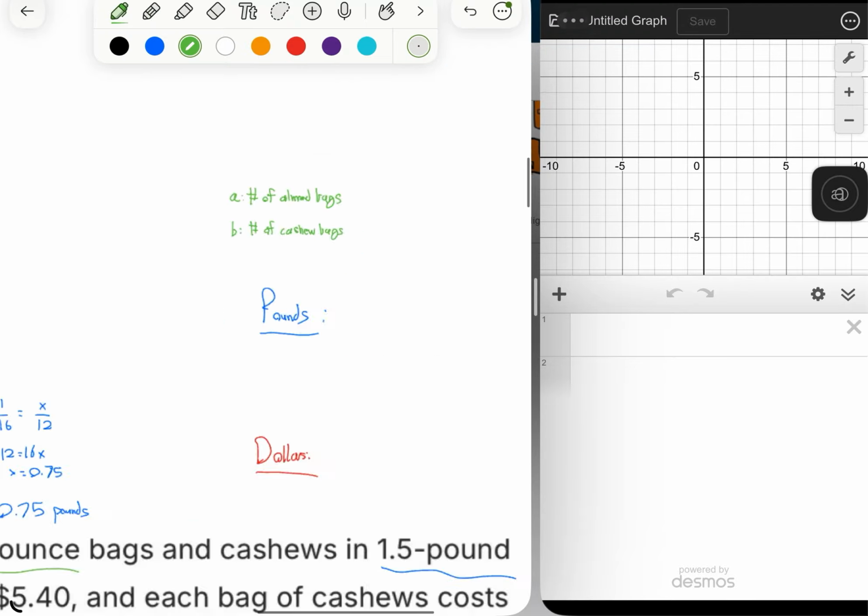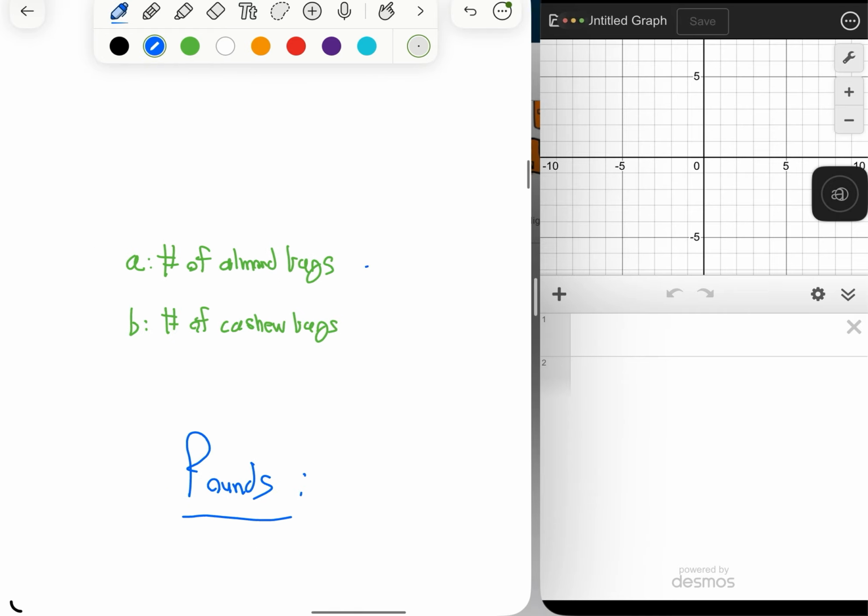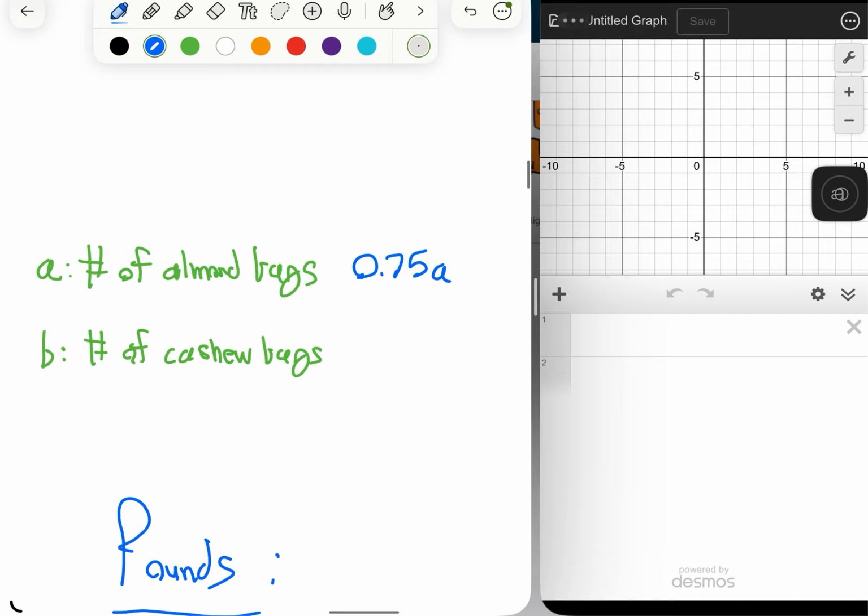Well, in that case, 0.75A would give us the total pounds that only the almond bags contribute to the total.